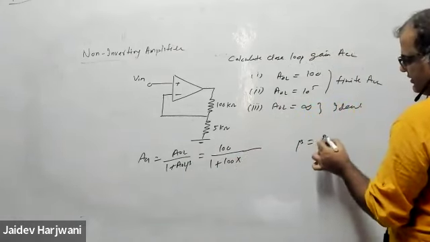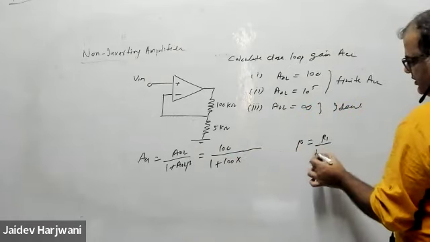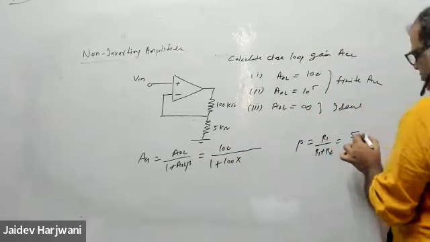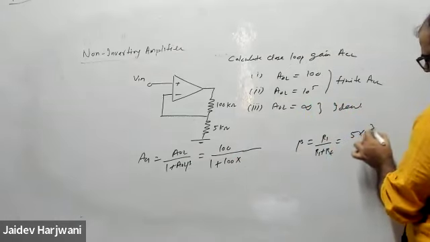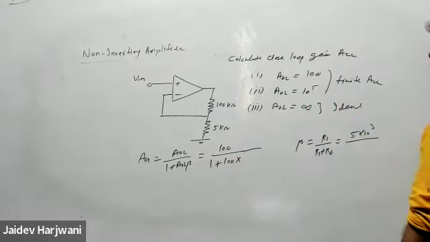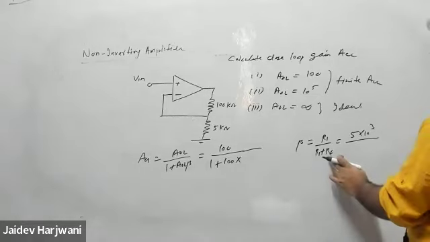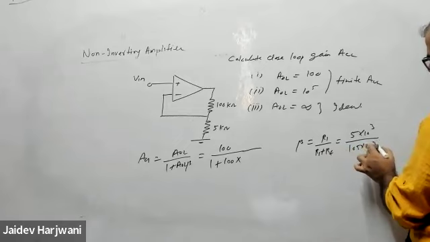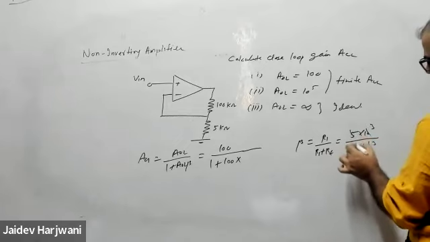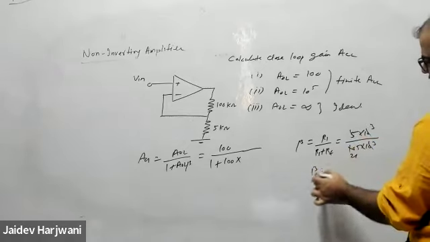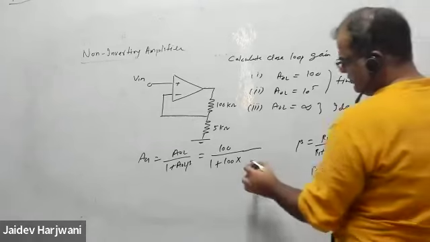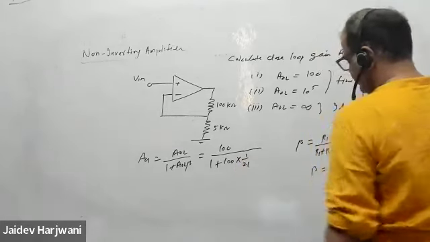Beta value is R1 upon R1 plus RF, that is 5 kilo ohm upon 100 and 5, 105 kilo ohm. So this is 1 by 21. Beta is your 1 by 21. So put in the value 1 by 21.